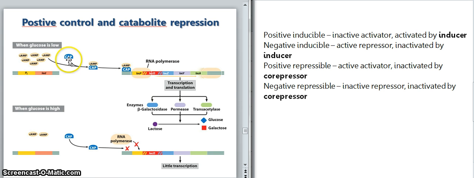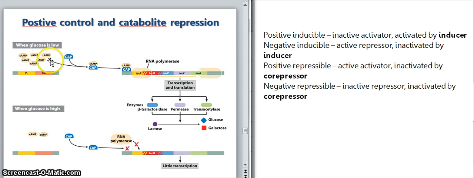This catabolite activator protein generally sits slightly upstream of the lac promoter, and it requires a molecule called adenosine 3'5' cyclic monophosphate. We call it cyclic AMP. Cyclic AMP is necessary for the CAP protein to actually bind to operons and upregulate them.